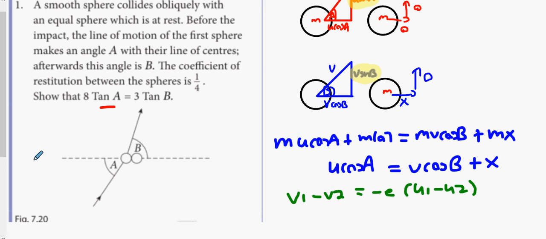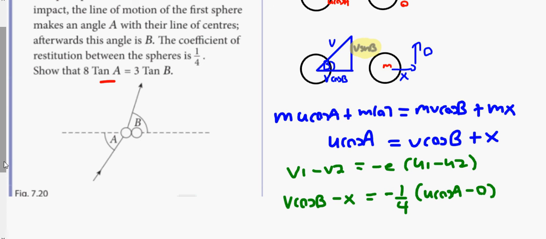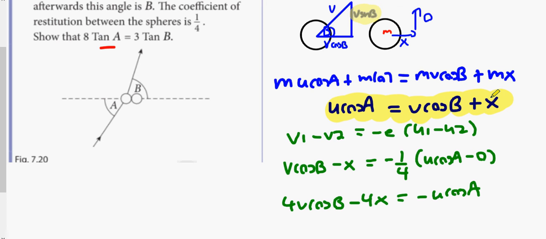Okay, and we're going to do V1 minus V2. So it's going to be V cos B minus X equals minus 1/4 into U cos A, take away 0. I'm going to cross multiply up that 4. And I'm going to go 4V cos B minus 4X equals minus U cos A. Now, what I'm going to do next is take my yellow equation and multiply that by 4.